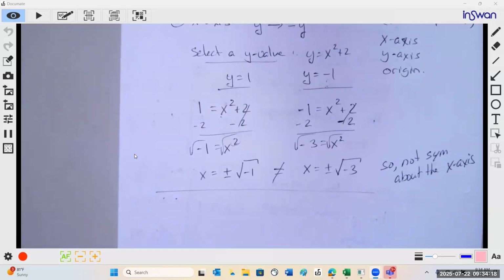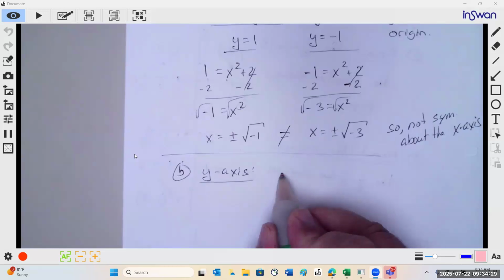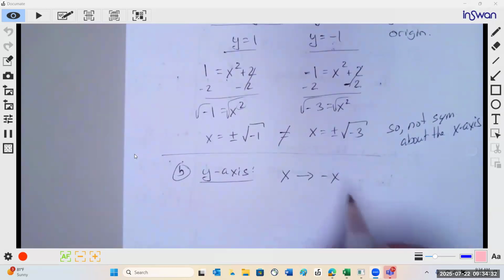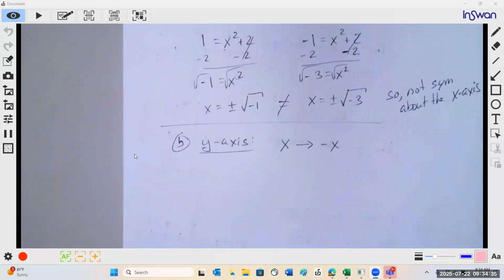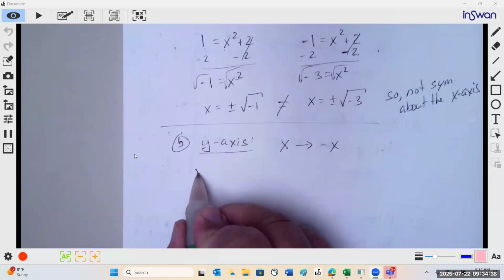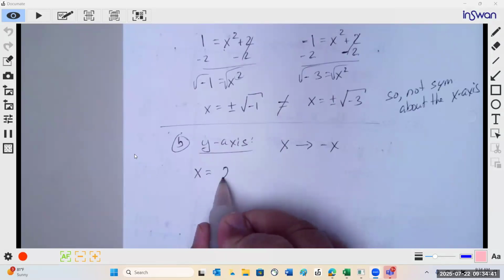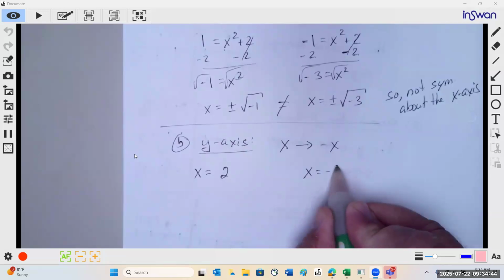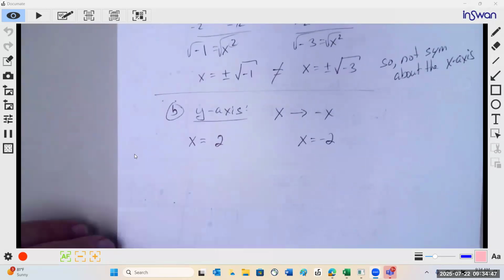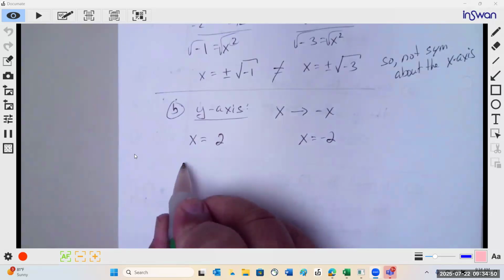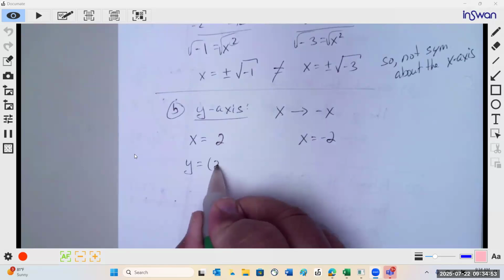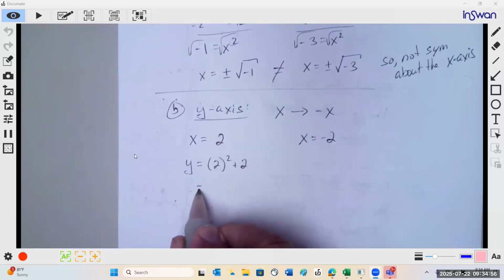Again, to check x-axis, you plug in a y and put a negative y and see if you get the same x values. Now let's see if it's symmetric about the y-axis. For the y-axis, we change x to negative x and see if we get the same values for y. So for x, I'm going to use 2. I'm going to check it with -2. So y equals 2 squared plus 2. 2 squared is 4 plus 2 is 6.